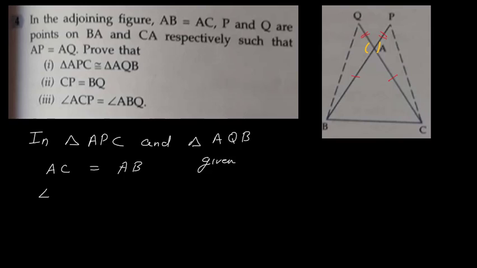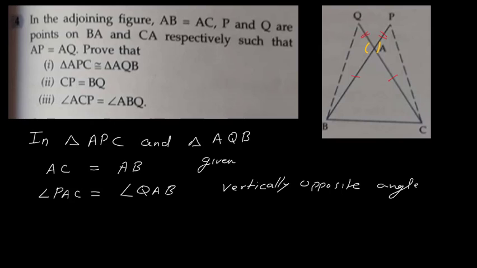We have angle PAC equal to angle QAB. We will say vertically opposite angles. And the third side, we have AP side equal to AQ side.